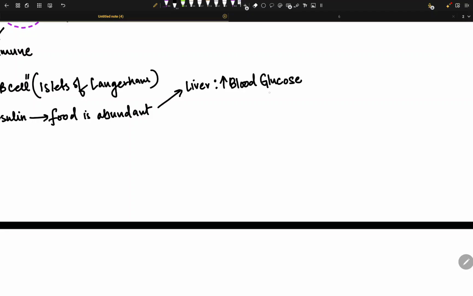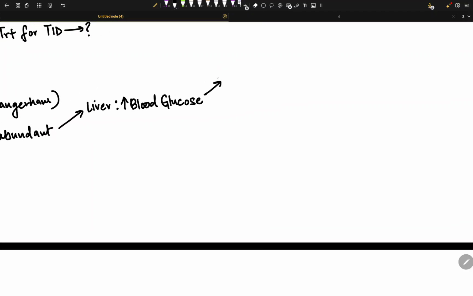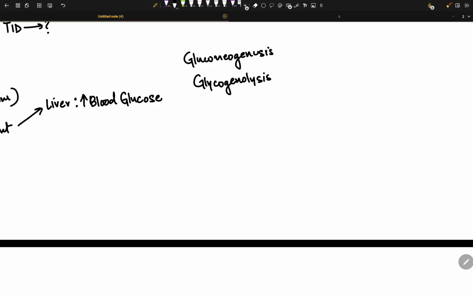It will do so by gluconeogenesis, by making new glucose, by glycogenolysis, by breaking down glycogen, and by ketogenesis. So the liver thinks, we don't have glucose, so these things are going to happen.